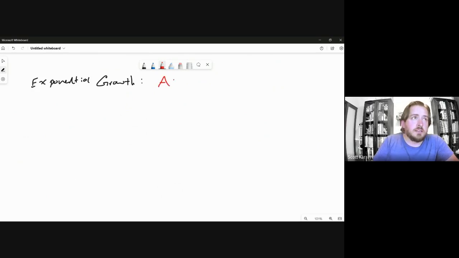That is to say, the amount of whatever it is at some time is equal to that initial amount multiplied by e to the k times t, with k being some sort of growth rate constant. Right? If k is greater than 0, then we have growth.